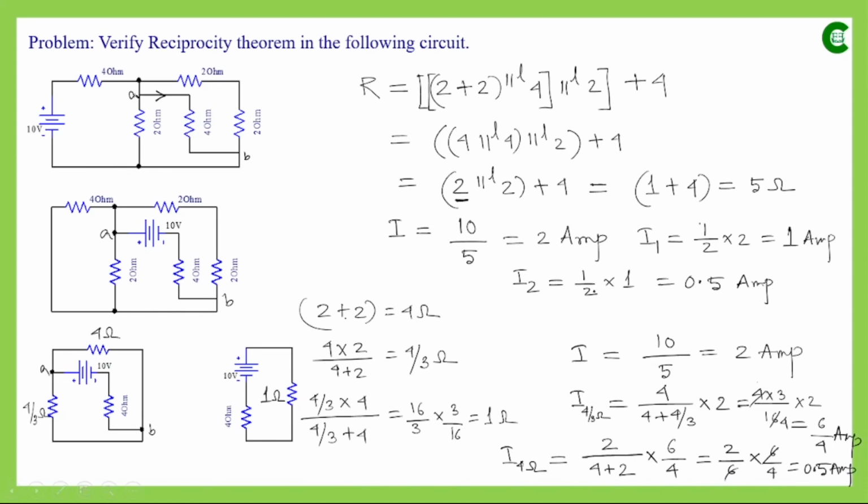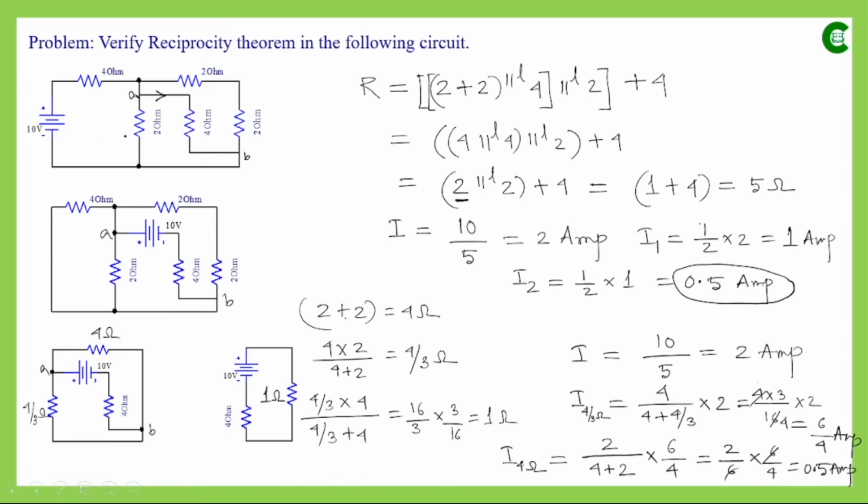Initially in the first step, when we had this voltage source in this branch, we obtained the current value through this 4 ohm resistor branch, which was 0.5 ampere. Now we interchange the voltage and current.